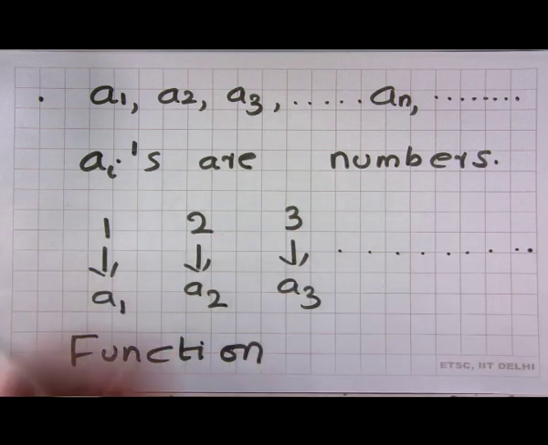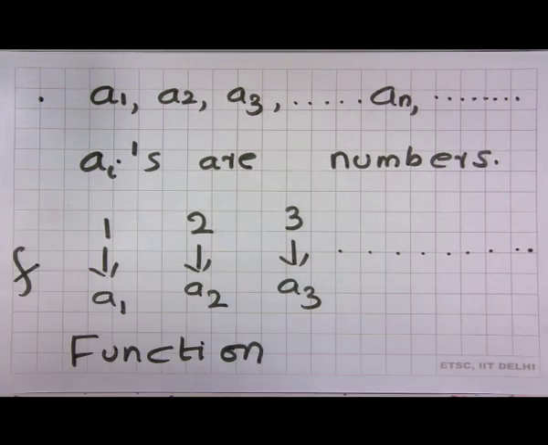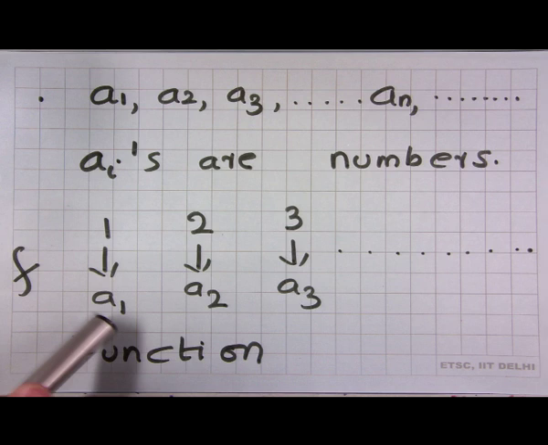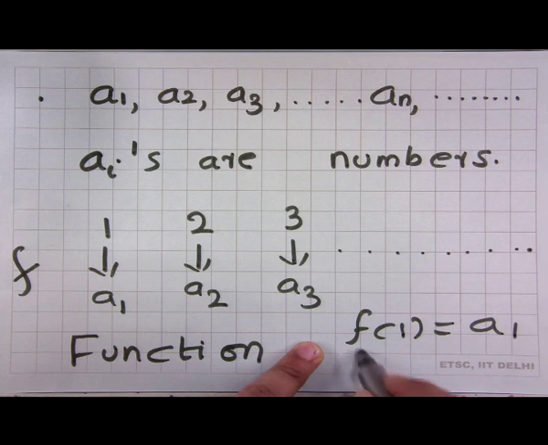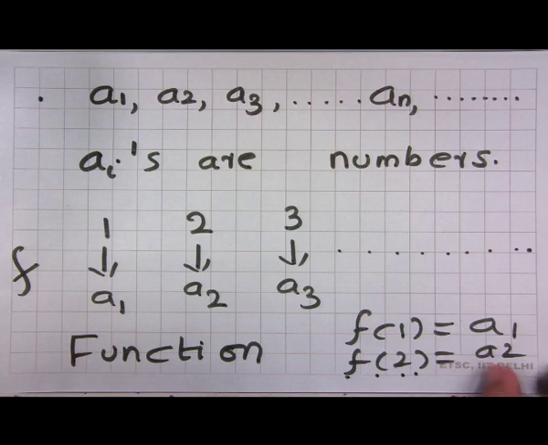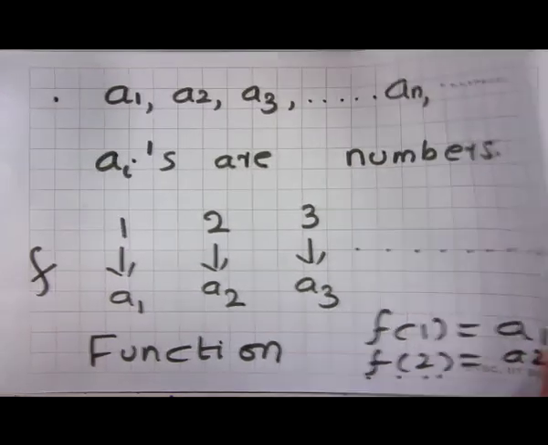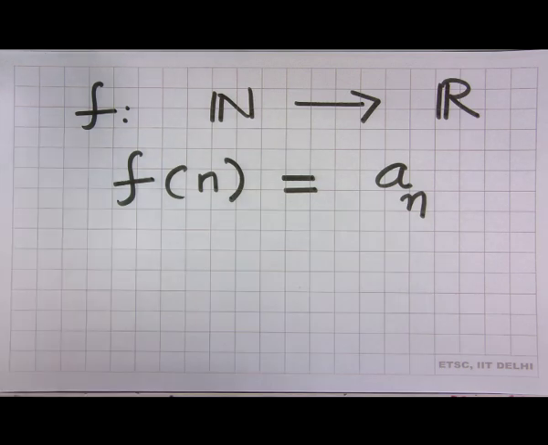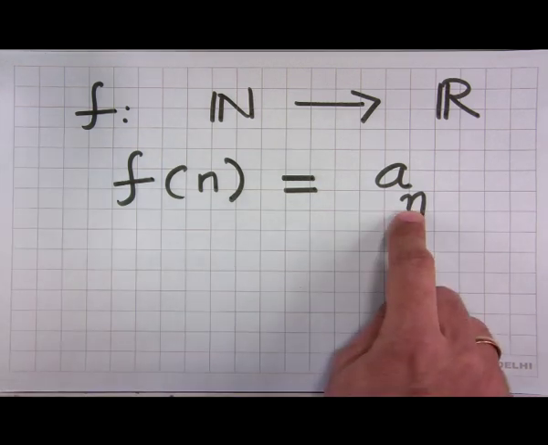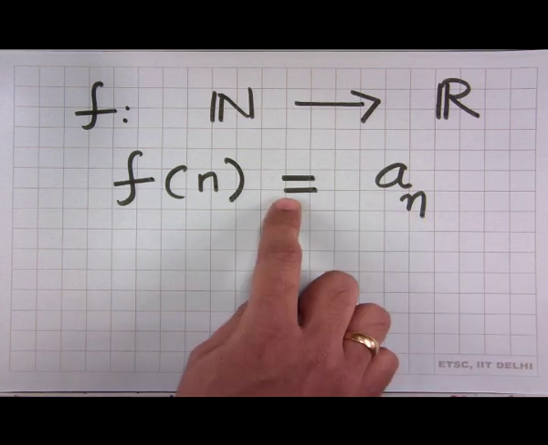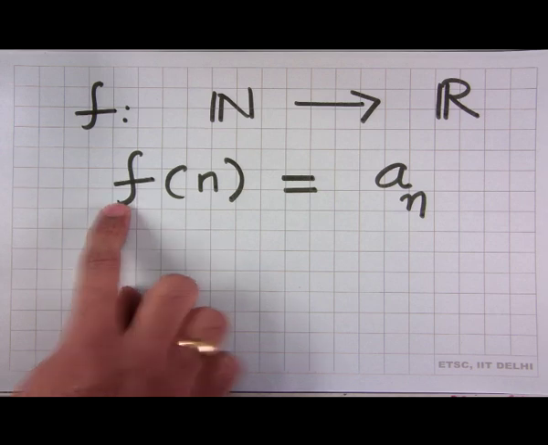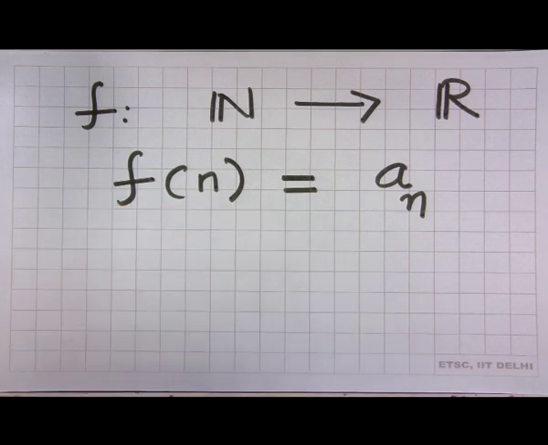If that inherent function is named as f, f of 1 is a1, f of 2 is a2 and so on. The number an we list in the nth place of a sequence is actually the function evaluated at n.